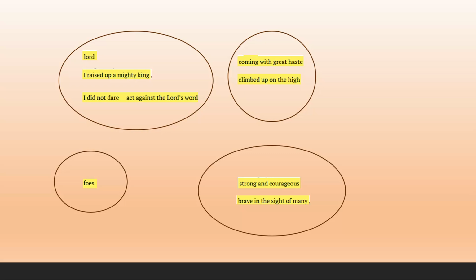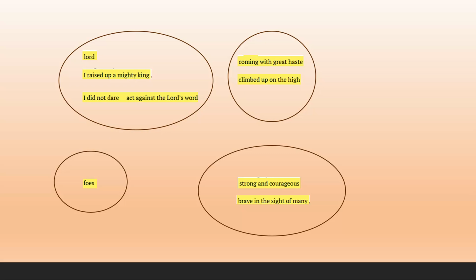So I put them into a group. Lord, King, Lord. These are all words that suggest kingship, which is a very important element of Anglo-Saxon culture. And then finally I have foes.